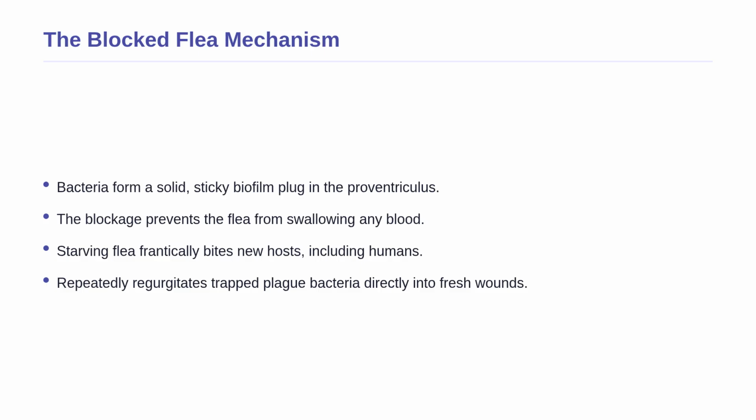Because the flea can no longer swallow blood, it begins to starve. Driven by starvation, the flea frantically bites new hosts, including humans. But since the blood cannot pass the blockage, it bounces back, repeatedly regurgitating the trapped plague bacteria directly into the fresh bite wounds. This is how the disease spreads so efficiently.